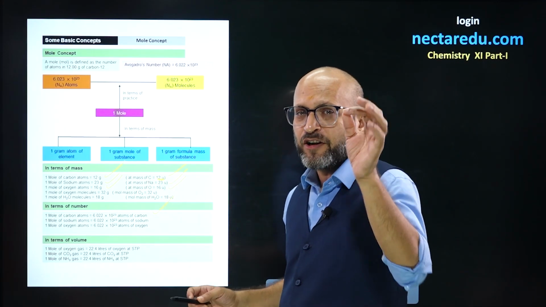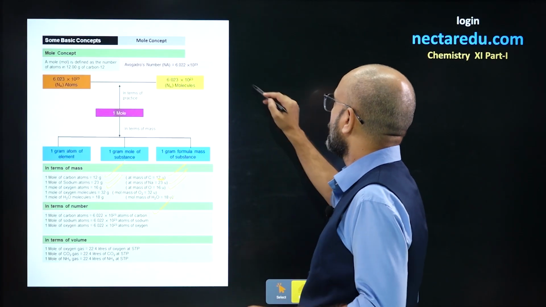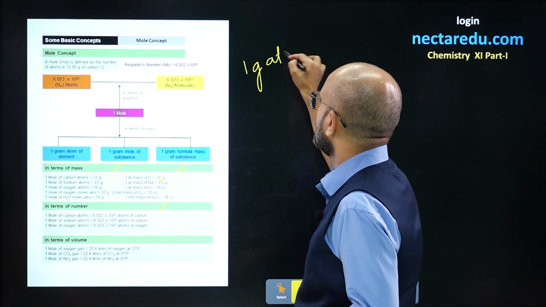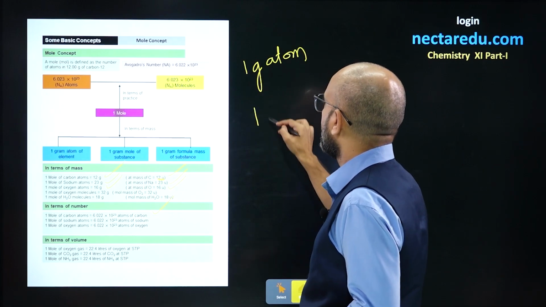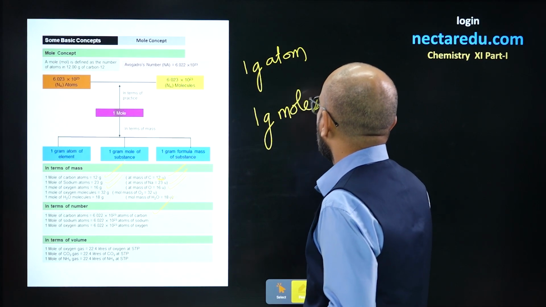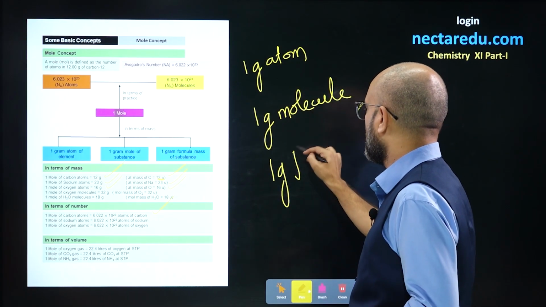Now there are terminologies. You will see written 1 gram atom, 1 gram molecule, or 1 gram formula.